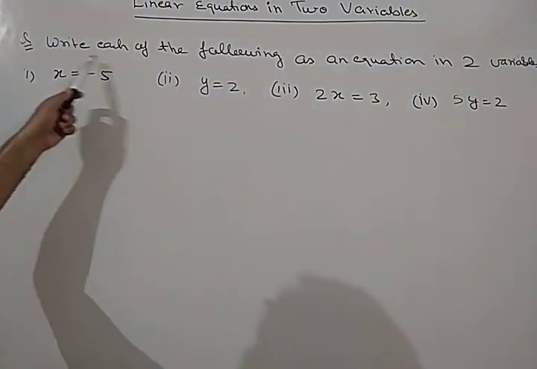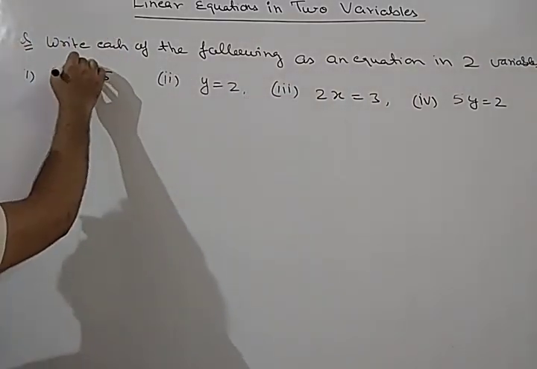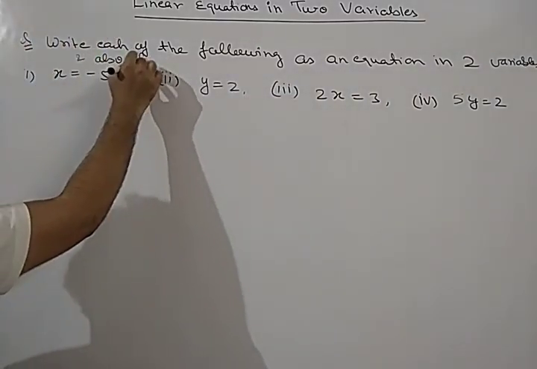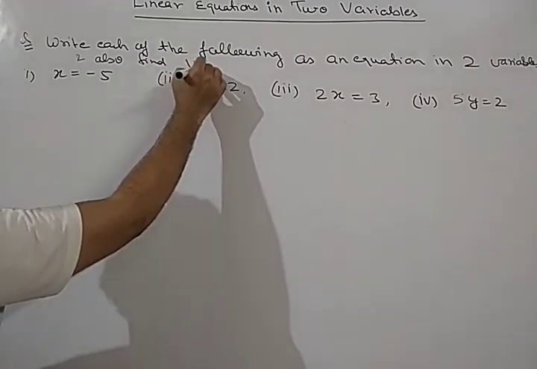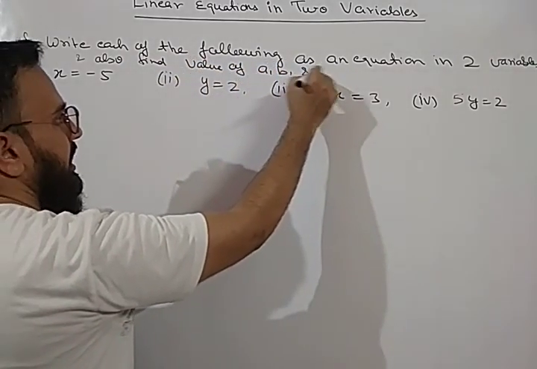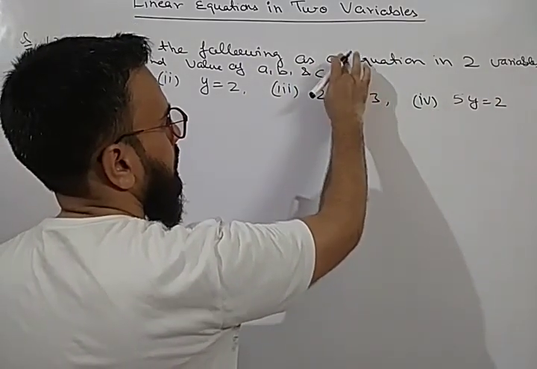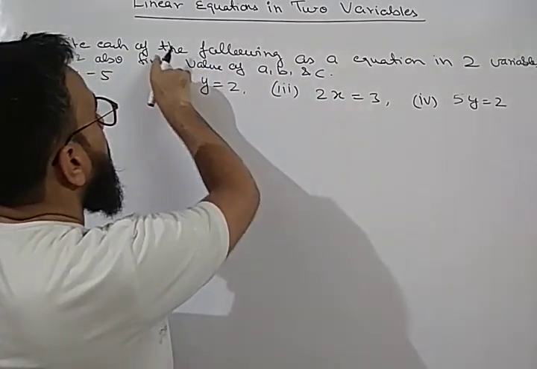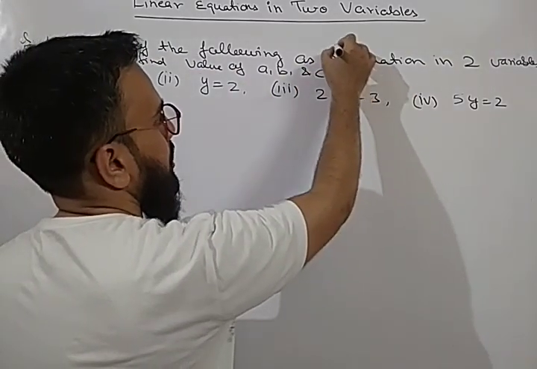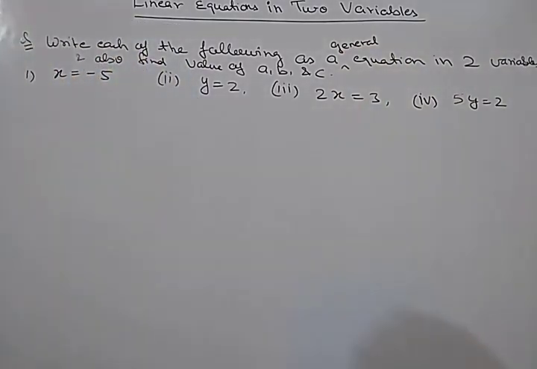The question is, write each of the following as a general equation in two variables and also find the values of a, b and c.